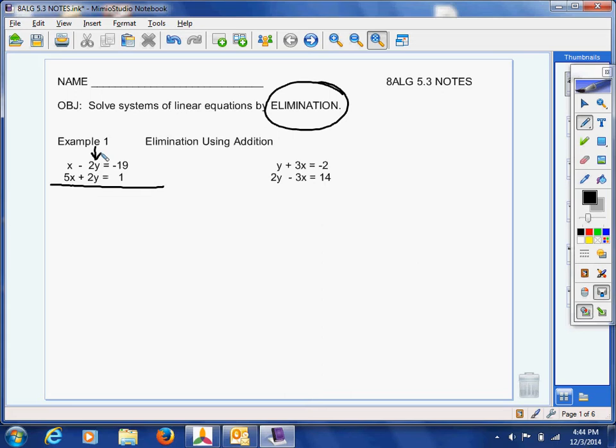You want the x's on top of the x's, the y's on top of the y's, the equal sign on top of the equal sign, and the constant number on top of the constant number. When you have standard form, they really should be on top of each other in the exact same order. So if your y's and x's are inverted in one and the opposite way in the other, you need to get where the x's are on top of the x's, the y's are on top of the y's, okay?